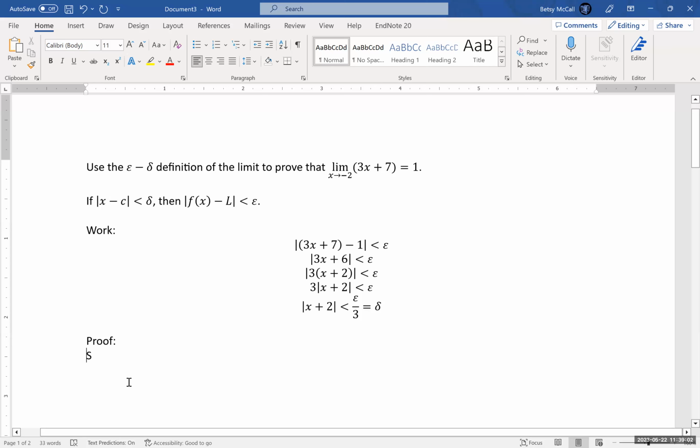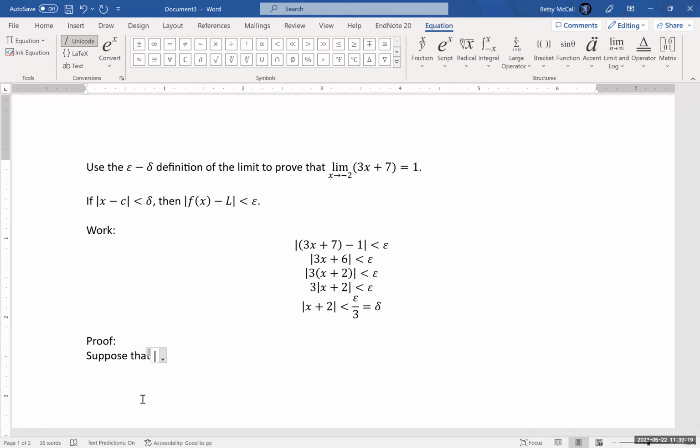So suppose that the absolute value of x plus 2, since we're going to -2, that's our x minus c, is less than delta.